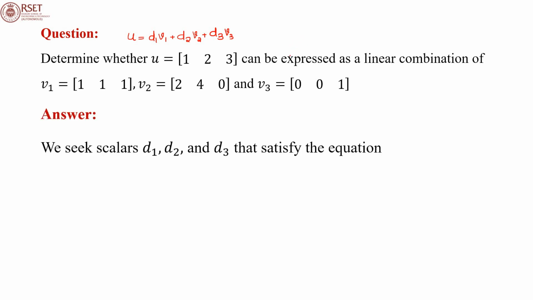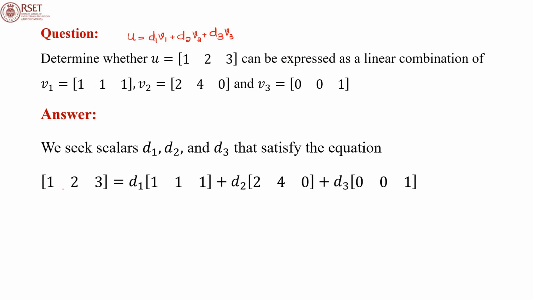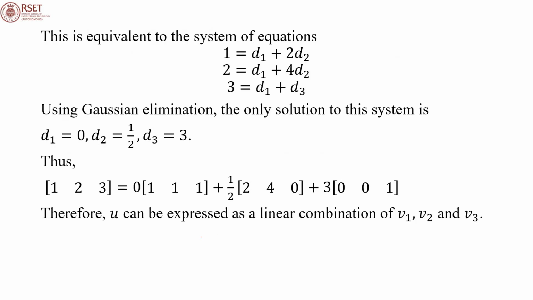So we seek scalars that satisfy (1, 2, 3) is equal to d1 times (1, 1, 1) plus d2 times (2, 4, 0) plus d3 times (0, 0, 1). On simplifying, we see that (1, 2, 3) is equal to (d1 plus 2 d2 plus 0 d3, d1 plus 4 d2 plus 0 d3, and d1 plus 0 d2 plus d3).